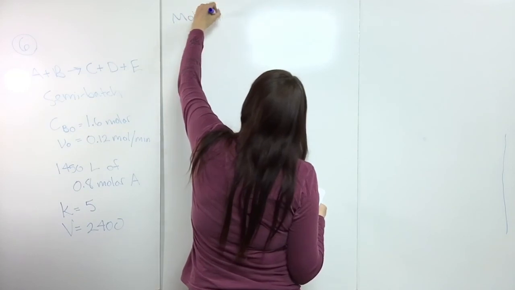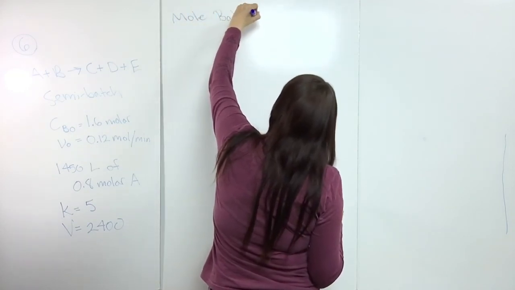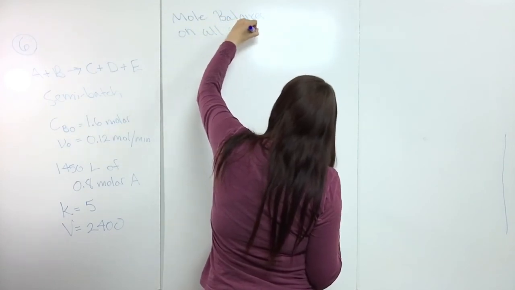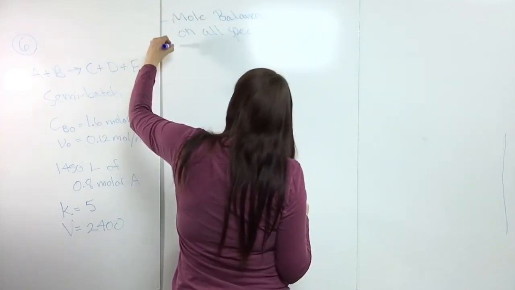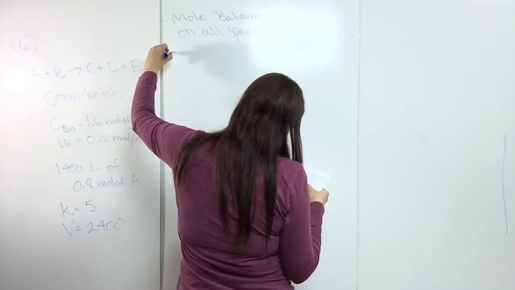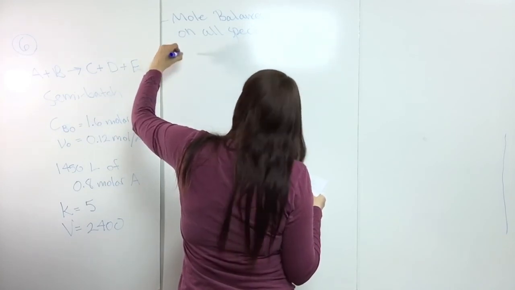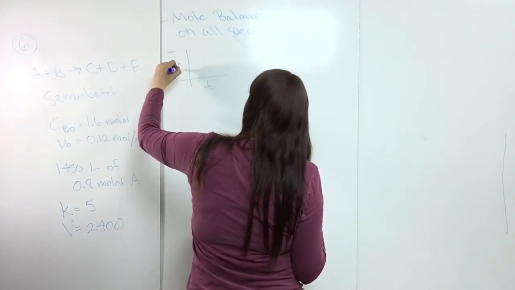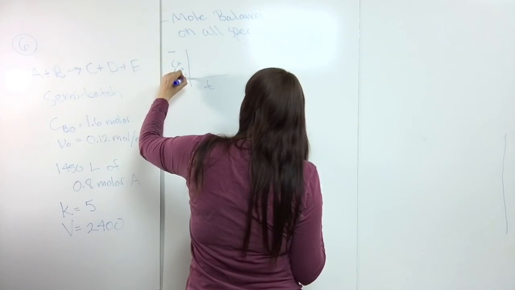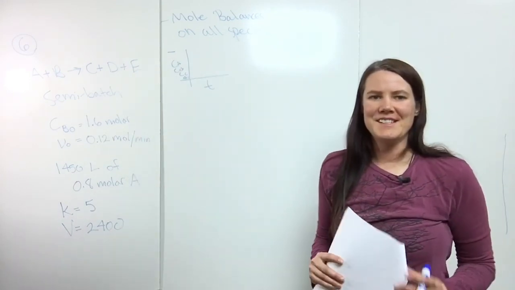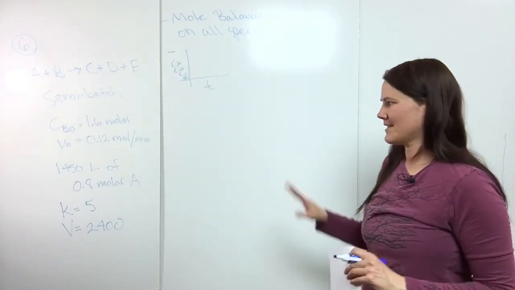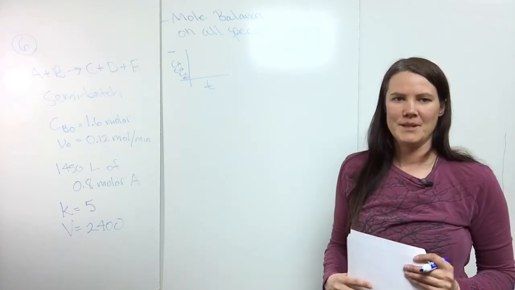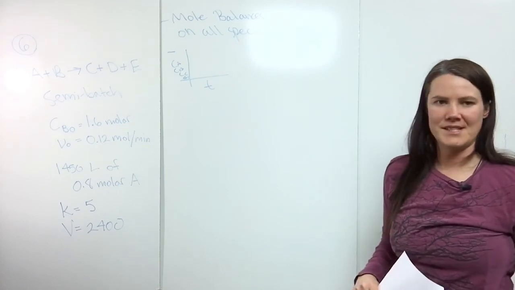So mole balances on all species, and then plot. So I'm going to make a plot of time versus CA, CB, CC, etc. It's easy to get flustered on problems like this where it looks different from what we've been doing, but this problem is still the same thing.